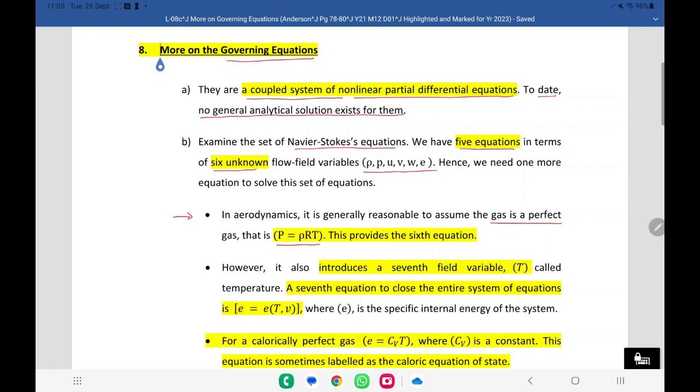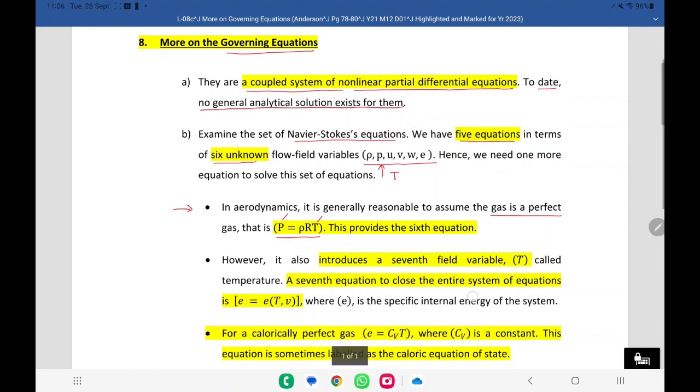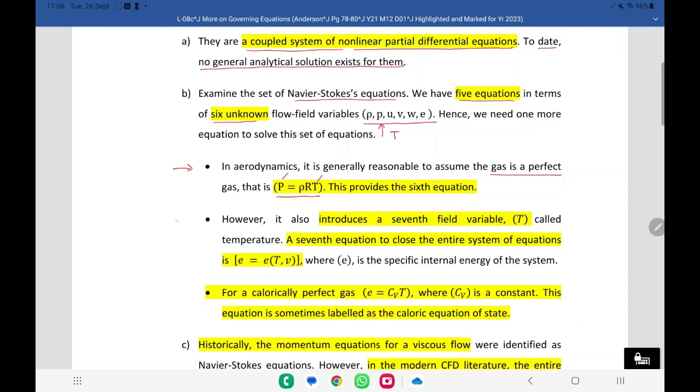That means pressure can be replaced by temperature. But then we have replaced pressure by temperature, so we are back to the same place. 6 unknowns.